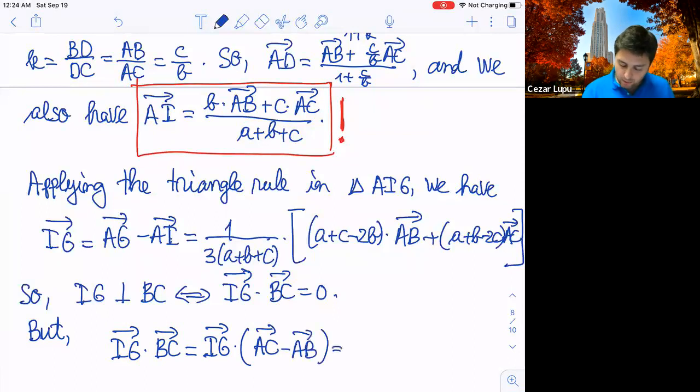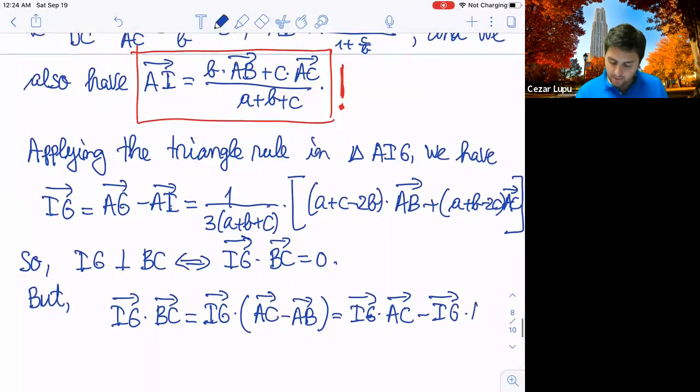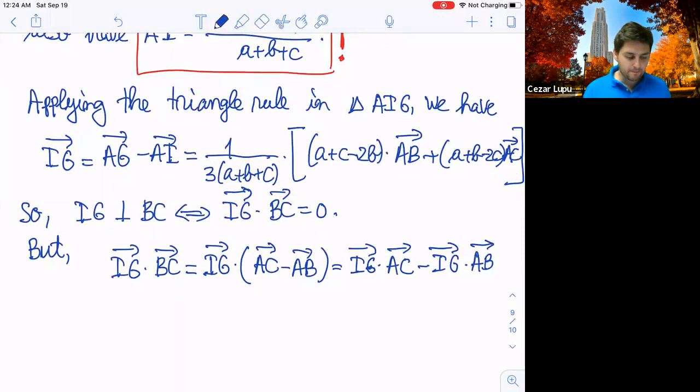So this will be equal to IG vector dot AC vector, minus IG vector dot AB vector. All right, great.